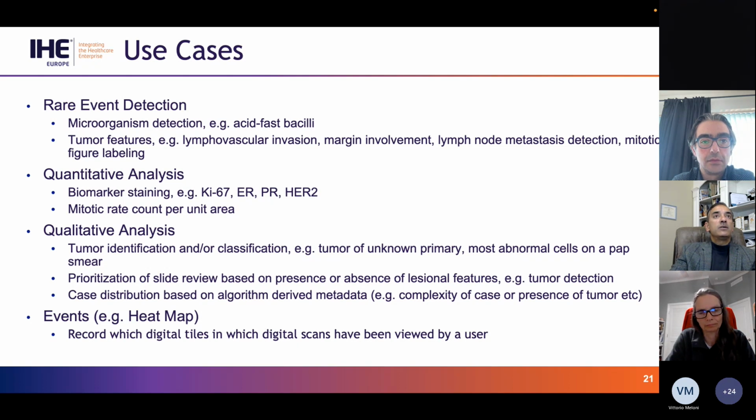So use cases such as rare event detection, these are things that humans fail at quite regularly and are very tedious for a human, such as detection of a single acid-fast bacilli in a patient that might have been exposed to tuberculosis, for example. But there are many other things that are easily missed, and could definitely represent a critical result that needs to be called back, and would directly affect the care of a patient.